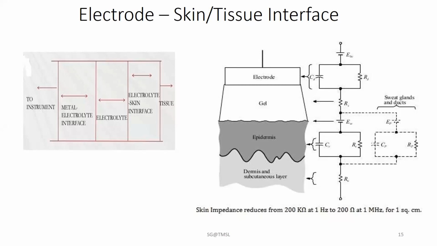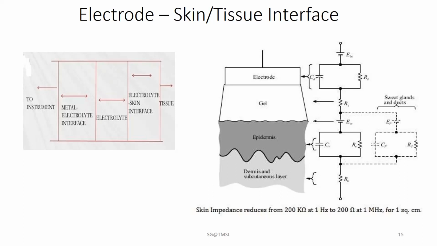So why do we need the electrolytic gel? This interface between the electrode, electrolyte and the skin should be understood to have a clear picture of the behavior of the electrodes. A transparent electrolytic gel which contains chlorine as the principal anion is used to couple an electrode to our skin, and this gel also gives a good contact.